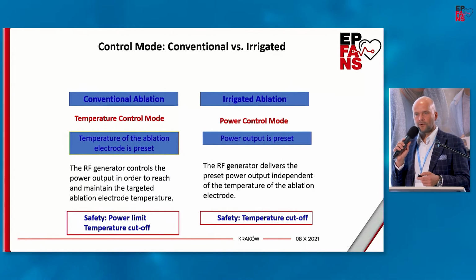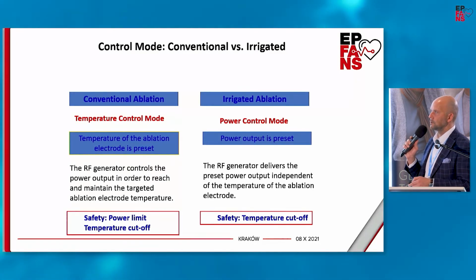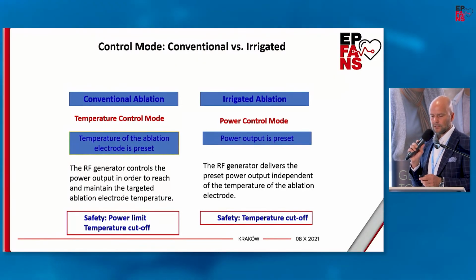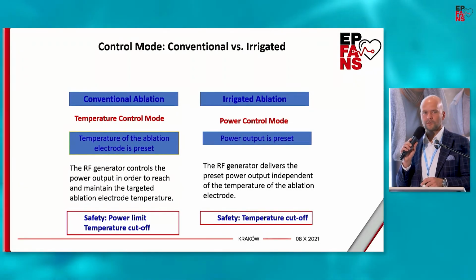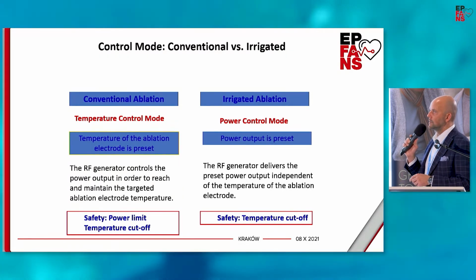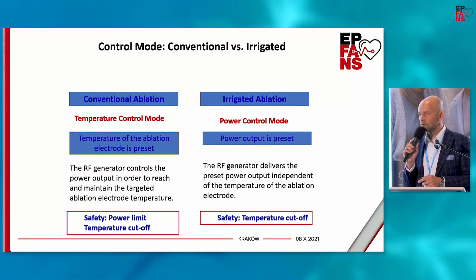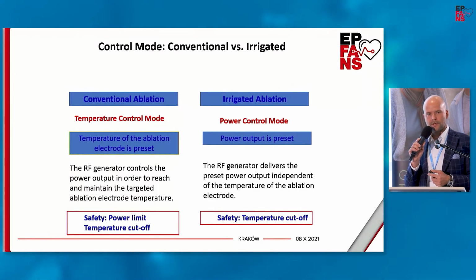In irrigated ablation, with catheters with the temperature sensor located in a cooled space inside the tip, we use power control mode. The temperature reading is only an approximation, and its value is limited to a safety cutoff. In general, in this mode, the radiofrequency generator delivers fixed power.